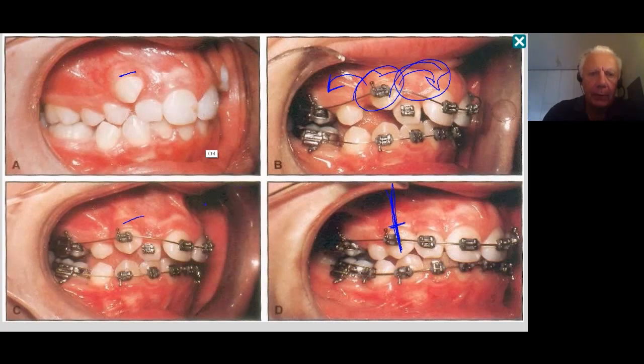So at this level, from C to D, something has improved. You can see that now the second premolars, which are our reference because they are without brackets, so we are understanding that very little was happening.